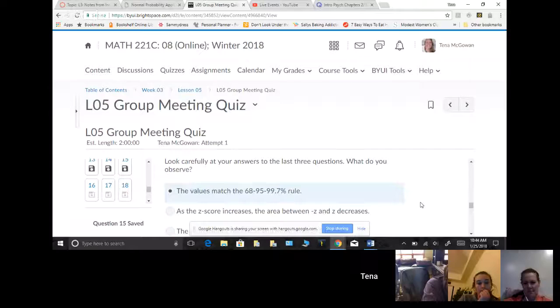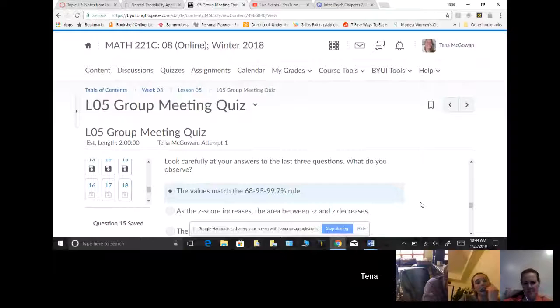The values match the 68, 95, 99.7. Would it be that it matches? Yes. And that's just because obviously it's 1, 2, and 3, showing you the different percentages. Okay, the values match.